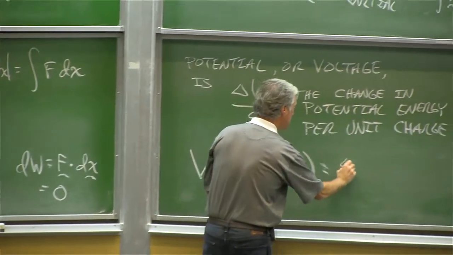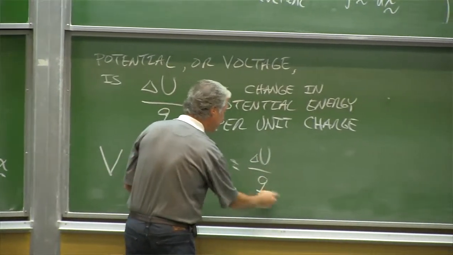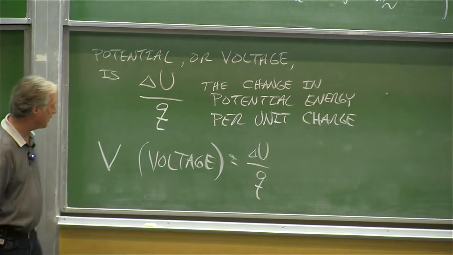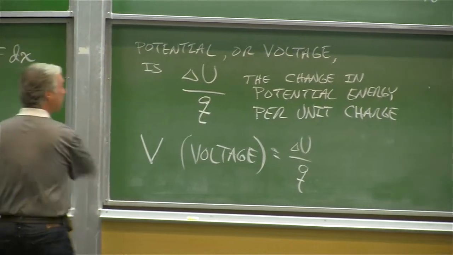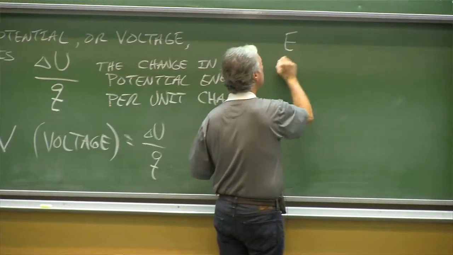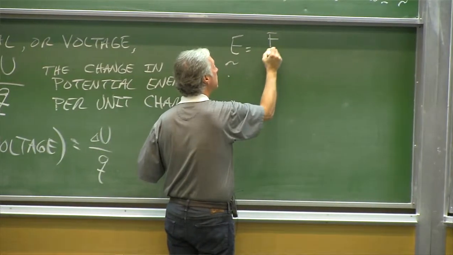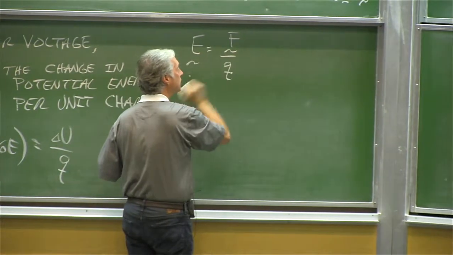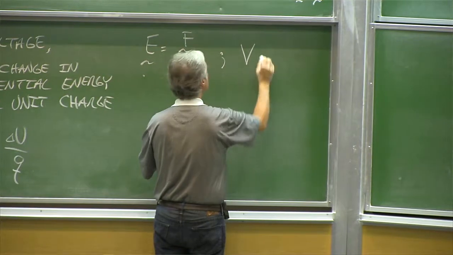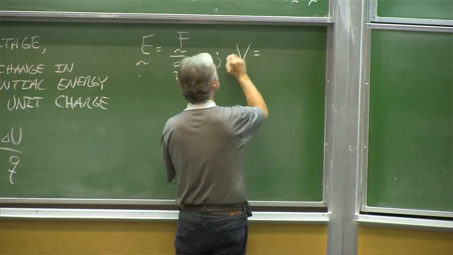Is this change in potential energy per unit charge. Okay, so we have the electric field, which is the force per unit charge. And now we have also the voltage, or the change in voltage.